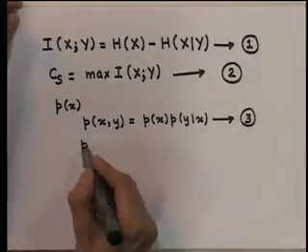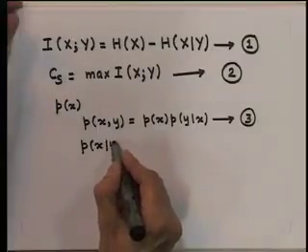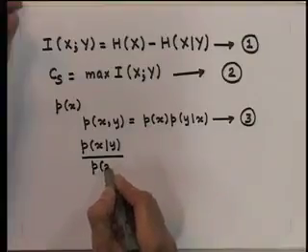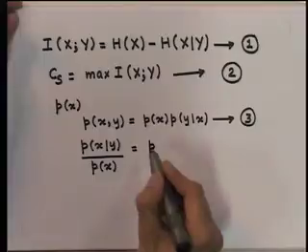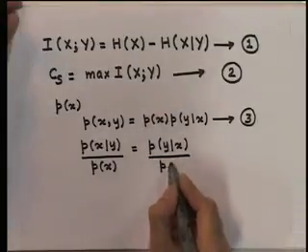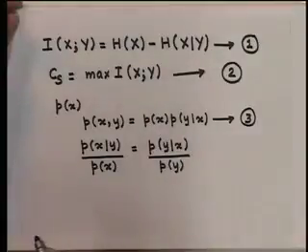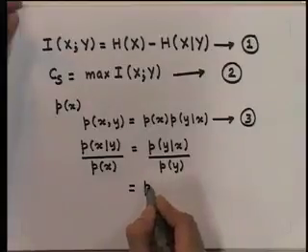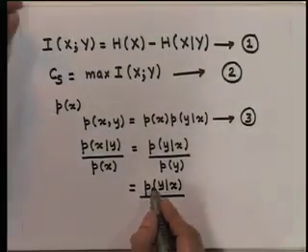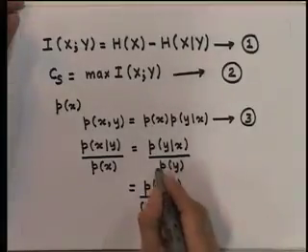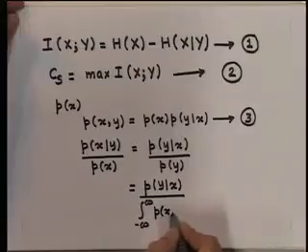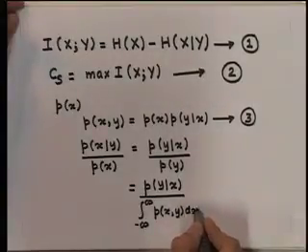Now, Bayes' rule says probability distribution P(x given y) over probability distribution P(x) is equal to conditional probability distribution P(y given x) over probability density P(y), which can be rewritten as PDF P(y given x) over PDF P(y), where PDF P(y) is the integral of joint probability density function P(x,y) over dx.